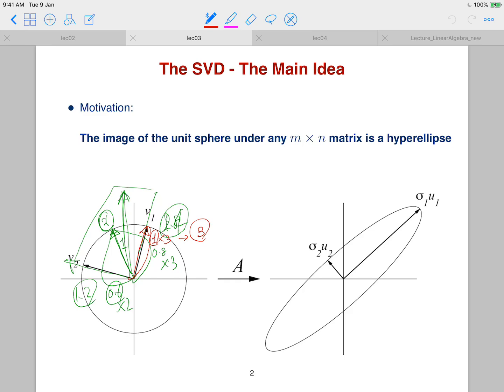And if this direction has changed with the scaling factor as 5 and maybe 3, for example, the eigenvalues are 5 and 3.